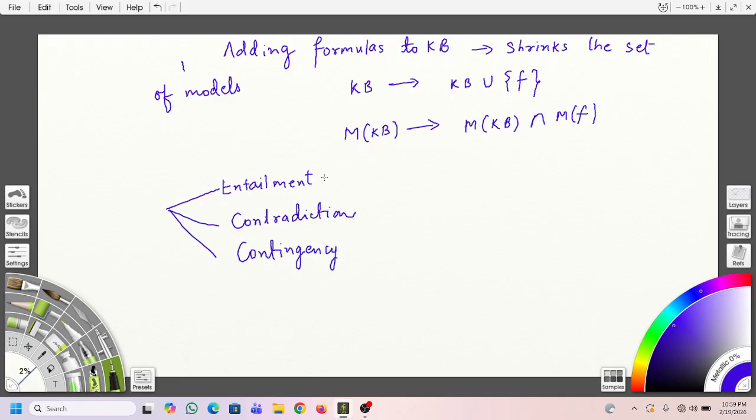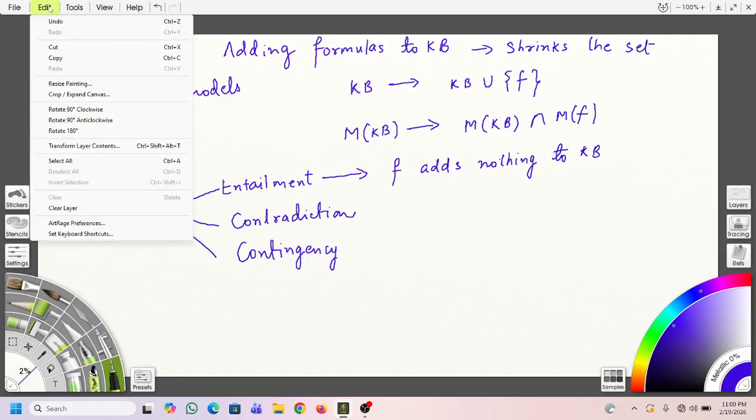Right. So moving towards entailment. Entailment is basically when a new formula F adds nothing to KB. Okay, so let us see basically what it means.